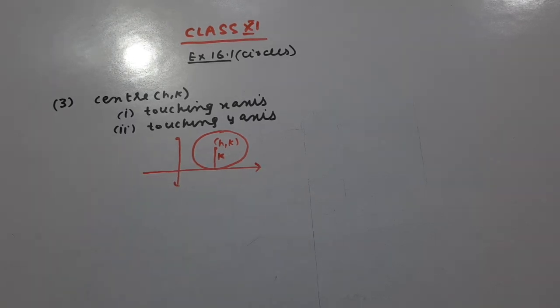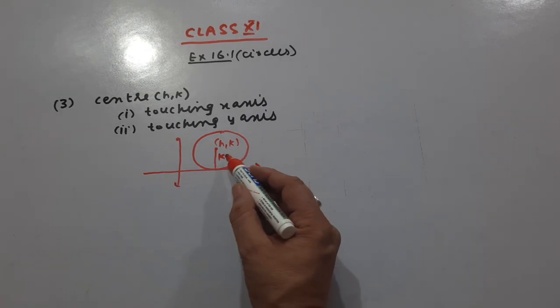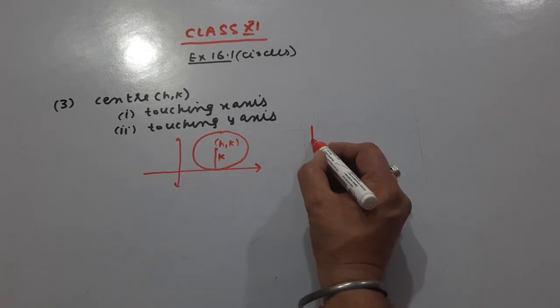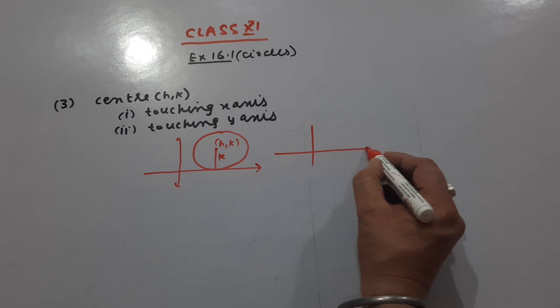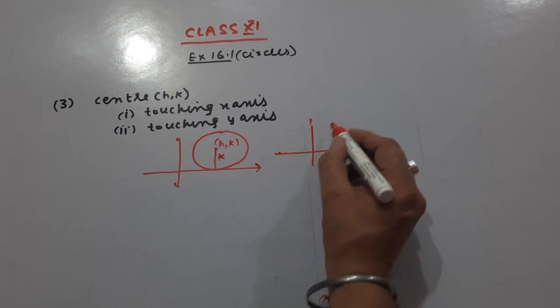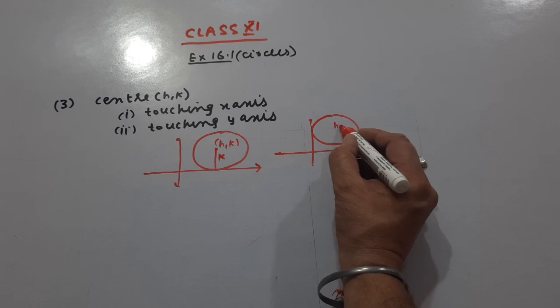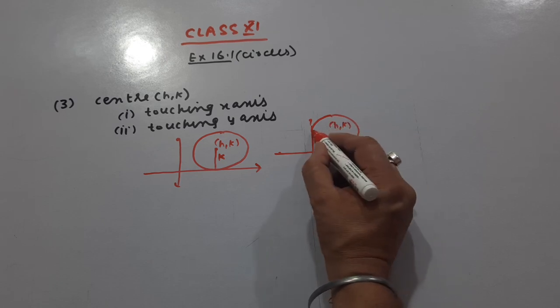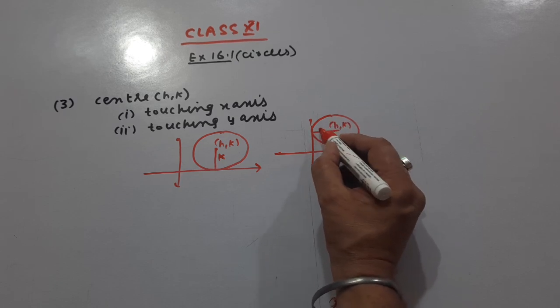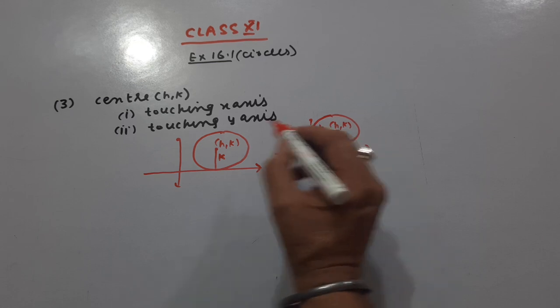I told you in the beginning, when a circle touches the y-axis, then center is (h, k) and radius equals the x coordinate, means radius equals h.